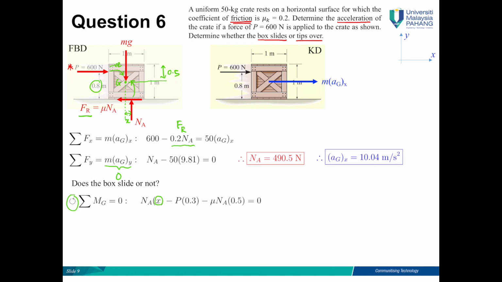And there is another force here, the friction, also going around G clockwise, so this will also be negative, and this will be multiplied with 0.5. All of this will be equal to 0. So when you calculate, you will get x equal to 0.467.